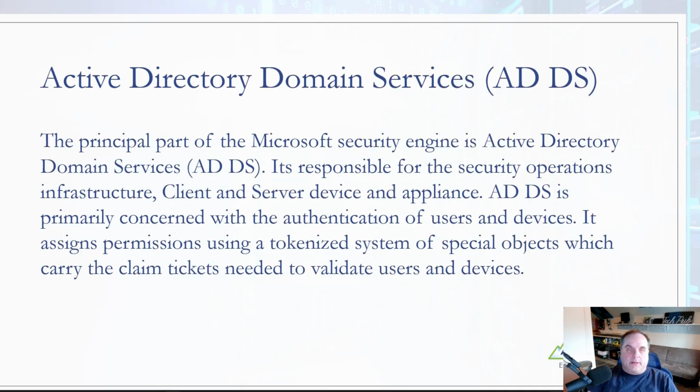Active Directory Domain Services is the big part of Microsoft's security engine. We call it Active Directory Domain Services, but it is on-premises Active Directory, and it's responsible for security infrastructure. This is the way that we secure our clients, our computers, our users, things like that. And it does two things: it does what's called authentication, and it does authorization.